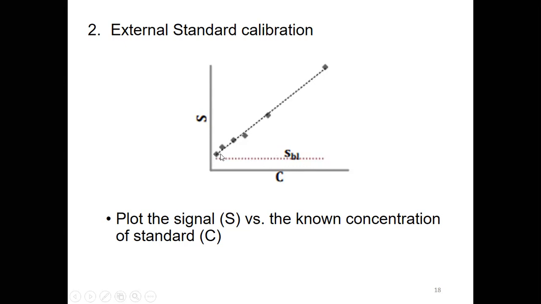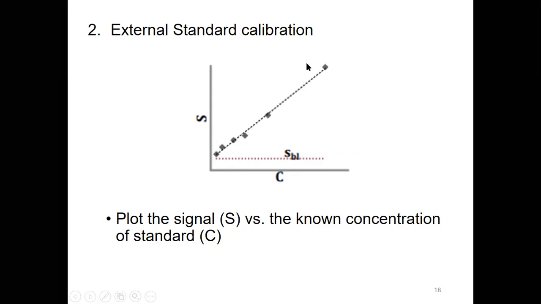If there is some background signal or blank signal, you can either correct it, or if you plot, you will have some baseline. That's okay. Here we plot the signal versus the concentration, and this is the standard calibration plot.